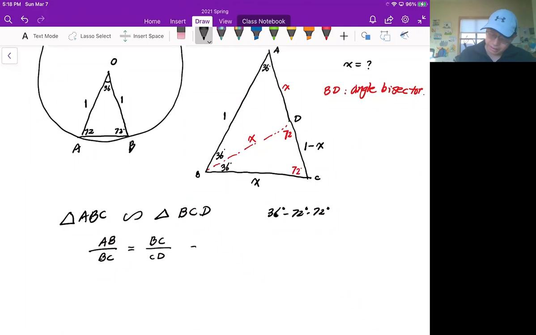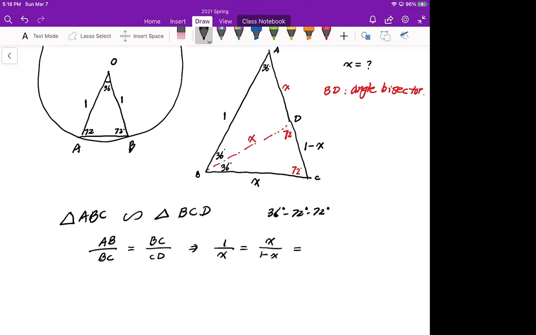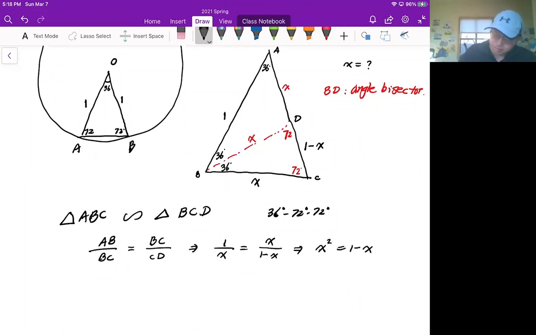So what is AB? AB is equal to 1. BC is equal to x, and CD is 1 minus x. So this gives me x squared equals 1 minus x, and so I get x squared plus x minus 1 equals 0.